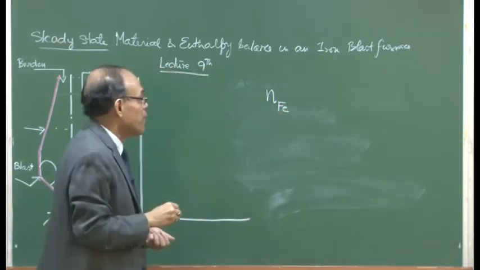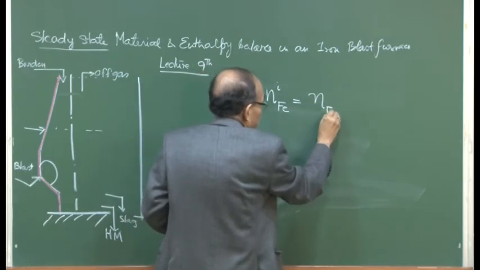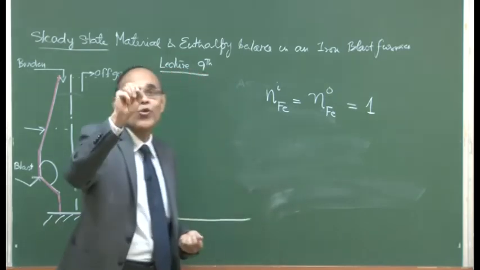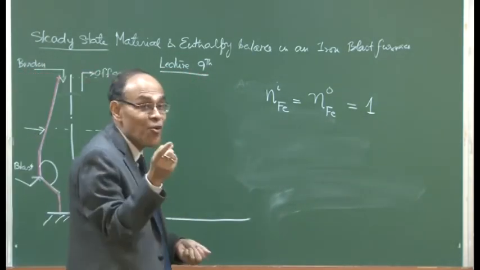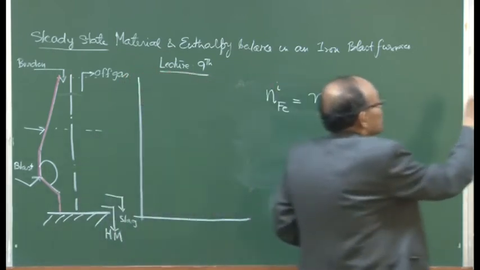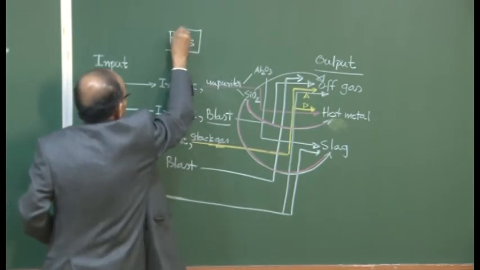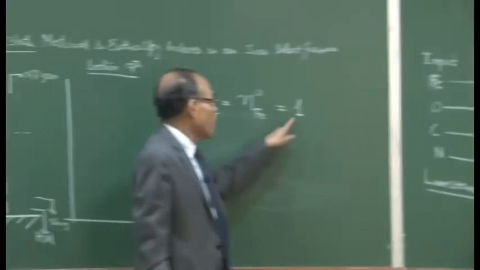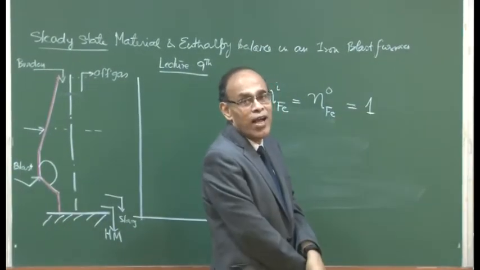Kg moles of Fe in the input must be kg moles of Fe in the output, and that is equal to 1 because we want to produce 1 kg mole, that is fixed. You can now immediately say that if the ore is pure Fe2O3, and I want 1 mole of Fe in the product, how many moles of Fe2O3 will I have to charge?